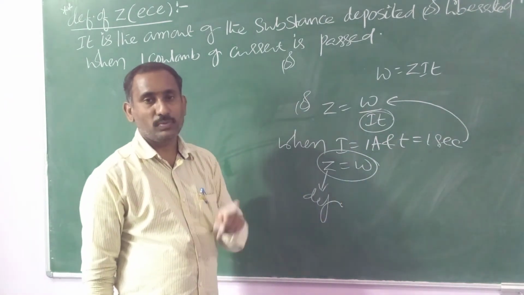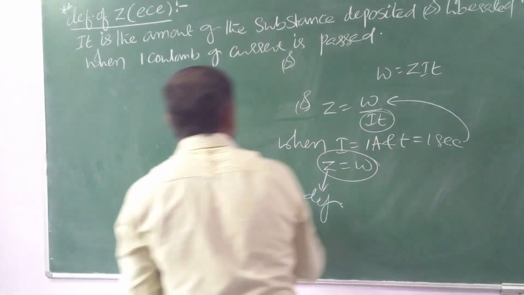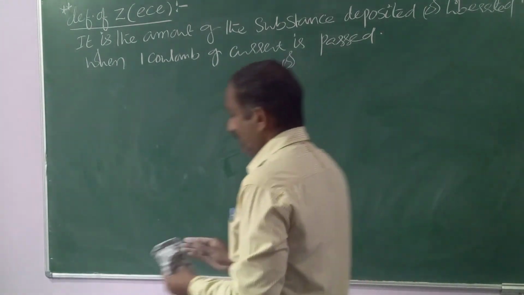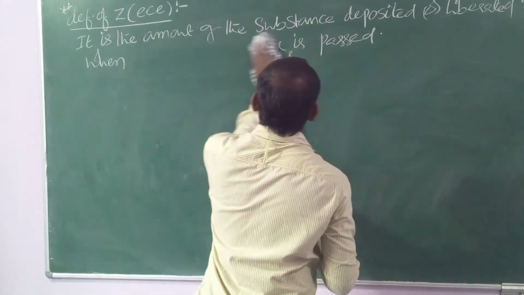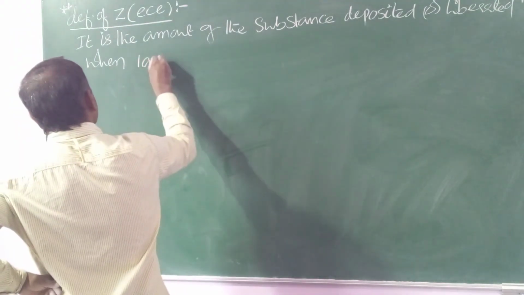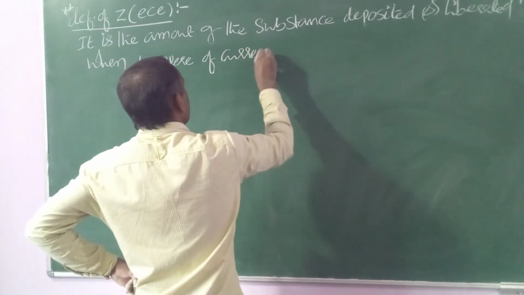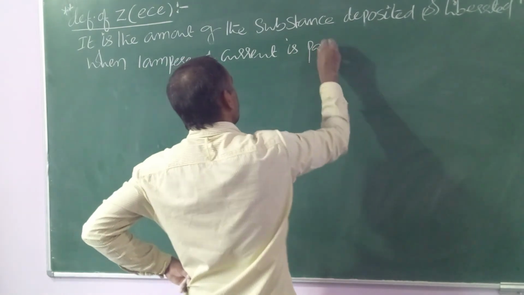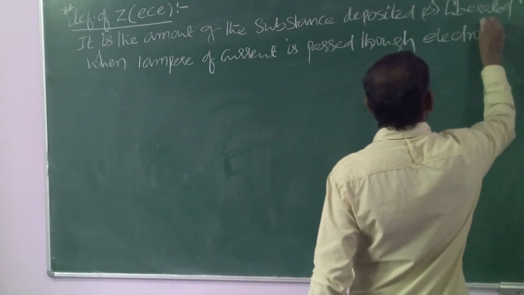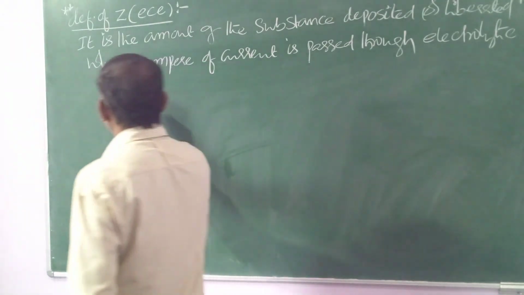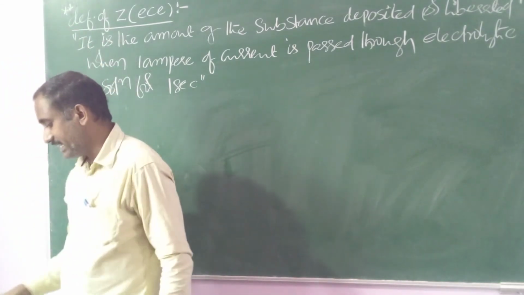Whenever 1 ampere current is passed for 1 second, some amount is deposited; that is nothing but Z. So, second definition: it is the amount of the substance deposited or liberated when 1 ampere of current is passed through electrolytic solution for 1 second. So that is the Z.